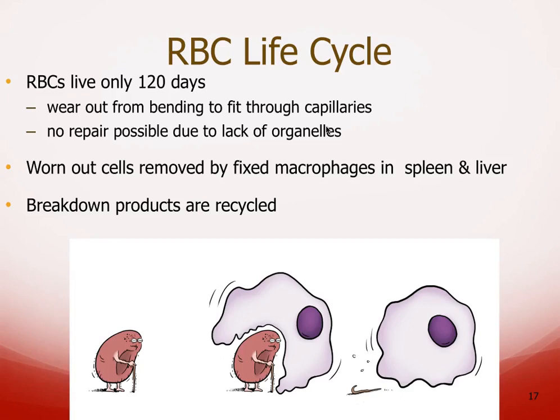How about something to do with their main job, right? What's their main job? To transport oxygen, right? All right. Well, if you have a cell that is transporting oxygen, the last thing you want to do is give it things that are going to need to use up the oxygen it's transporting, right? It doesn't make it a very good transporter. It's kind of like giving your dog the steak to bring to the dining room table.